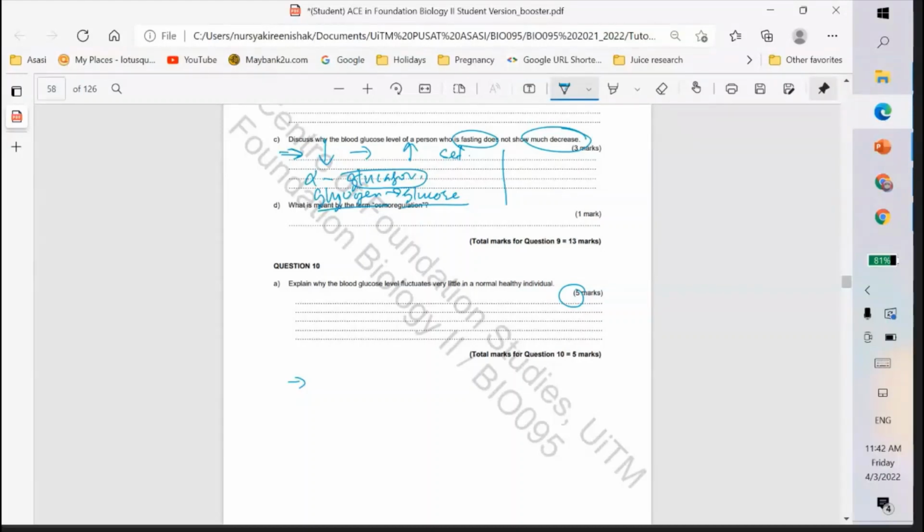The second situation, untuk keadaan yang kedua, untuk secretion of glucagon. Glucagon will be secreted when blood glucose level fall below the normal set point to increase back your blood glucose level by breaking down glycogen into glucose. Faham tak? So you have to bagi kedua-dua keadaan yang mana kedua-dua hormon ni dihasilkan.